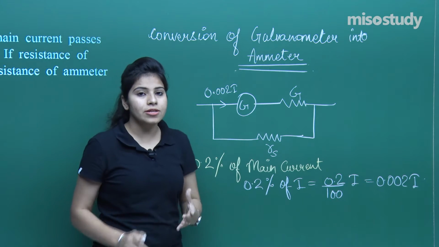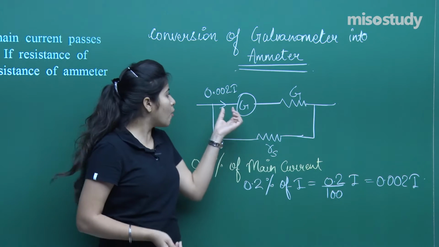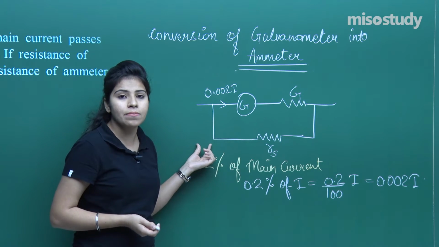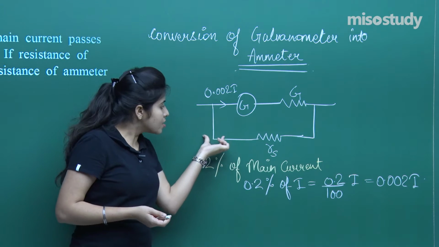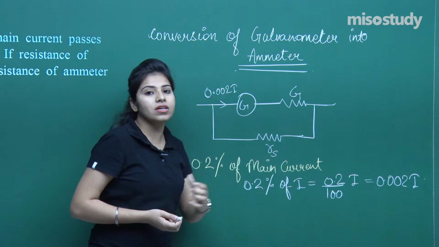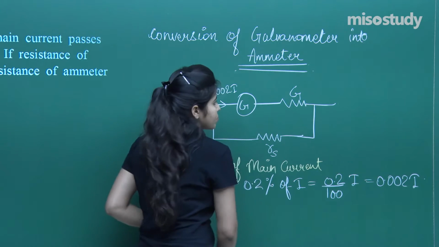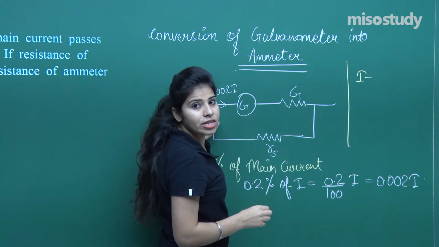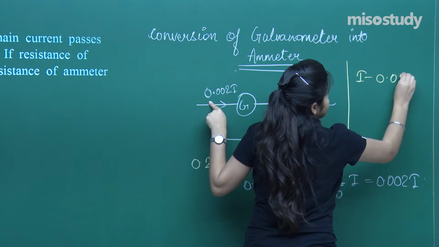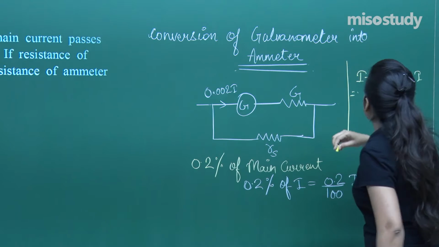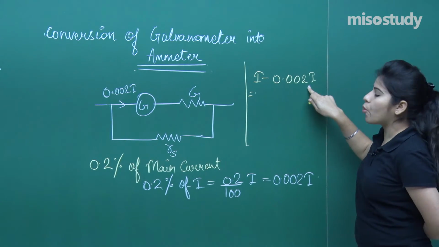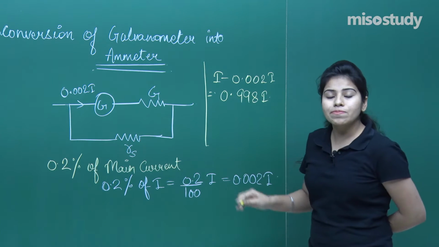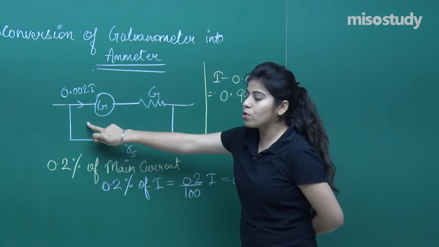Now because I know that the total main current was I, and 0.2% was going in this arm, the remaining current will definitely go into the other arm. So in this shunt resistance, the amount of current will be I minus 0.002 I. If you solve it, you will see that I minus 0.002 I is 0.998 I. That means this much current should be flowing into this arm.